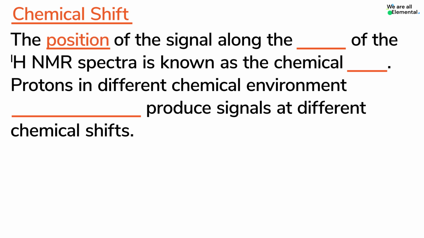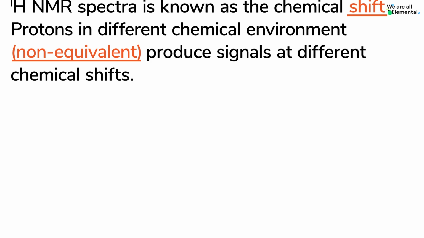The position of a signal along the x-axis of the proton NMR spectrum is known as the chemical shift. Protons in different chemical environments, also known as non-equivalent protons, produce signals at different chemical shifts.